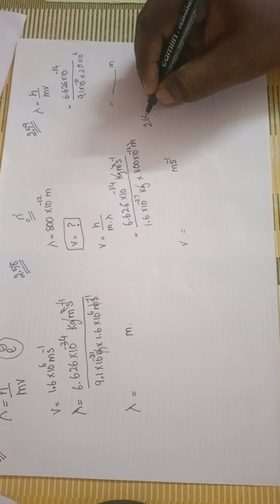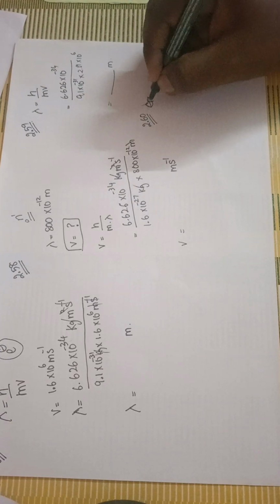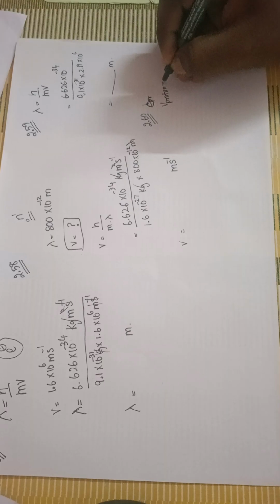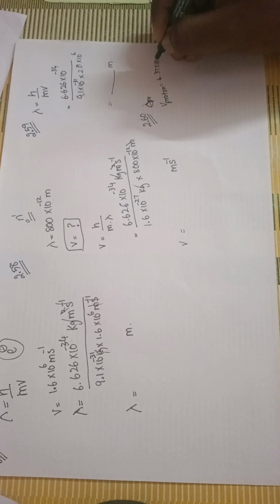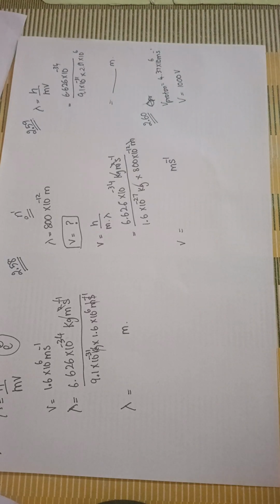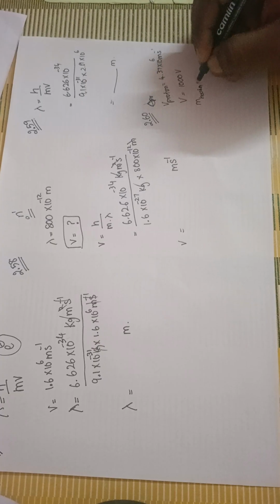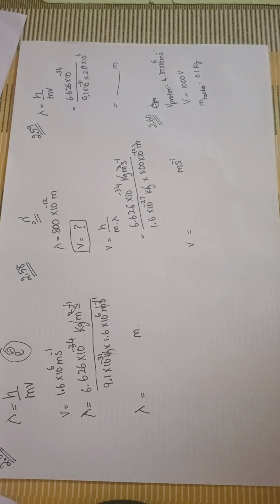So next, 2.60. The velocity associated with the proton moving with a potential difference of 1000 volts is 4.37 into 10 power 5 meters per second. If a hockey ball of mass 0.1 kilogram is moving with this velocity, calculate the wavelength associated with it. So the question is: the velocity associated with the proton moving in a potential difference of 1000 volts is given. The mass of the hockey ball is 0.1 kilogram moving with this velocity.